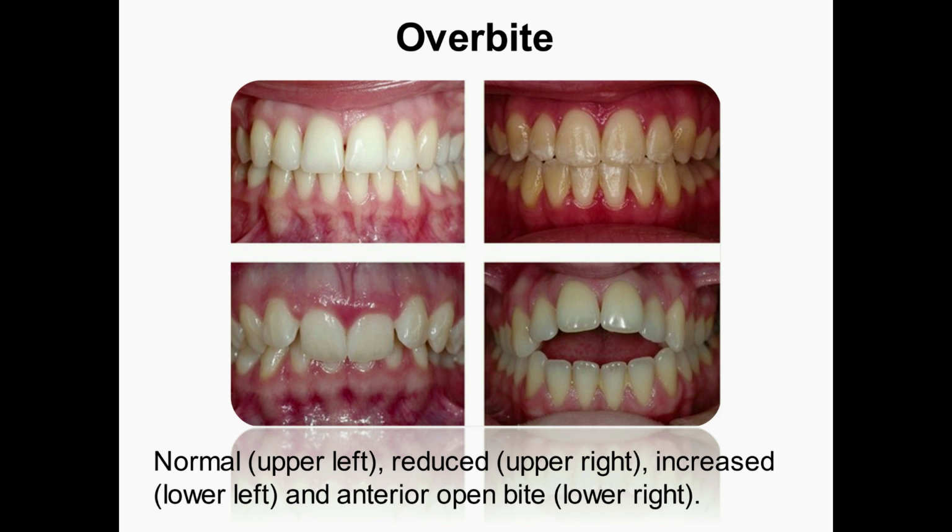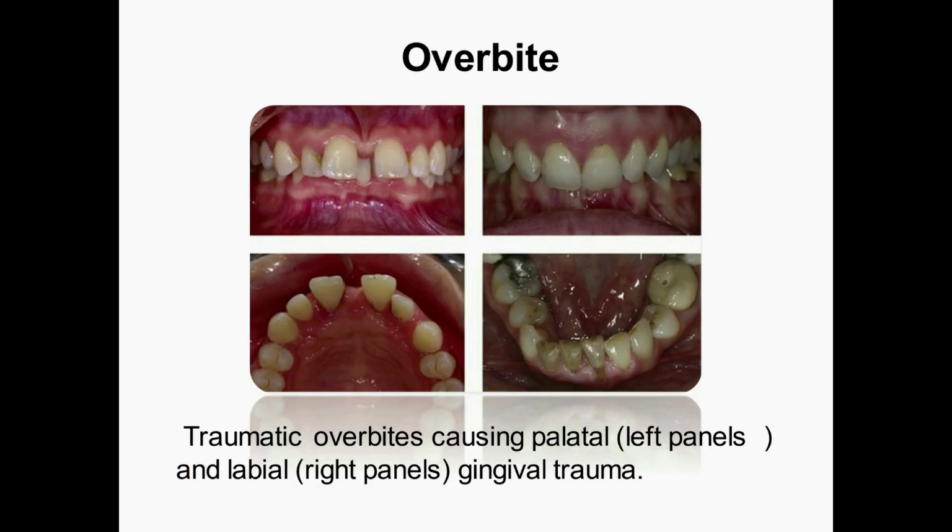If there is no vertical overlap between the anterior teeth, this is described as an anterior open bite, and a measurement should be made of the incisor separation. If the overbite is complete to the gingival tissues, it is described as traumatic if there is evidence of damage.